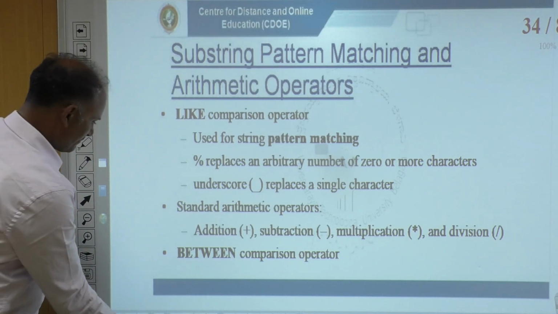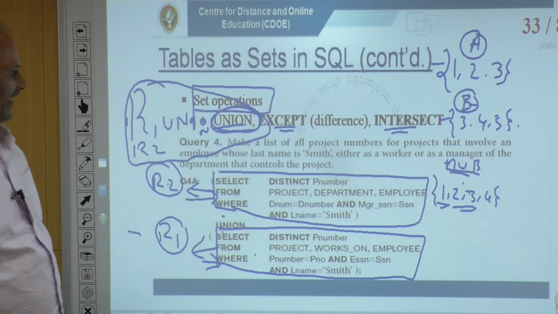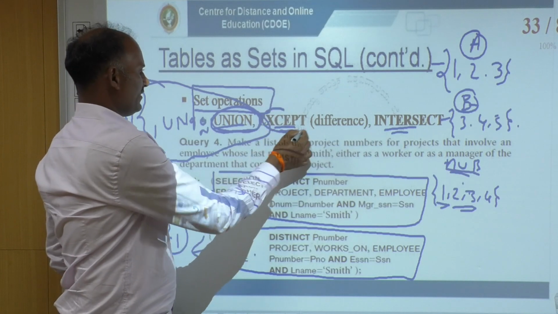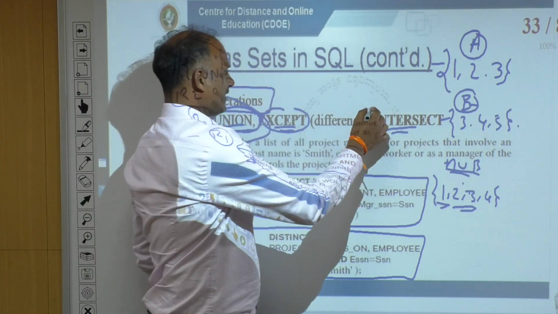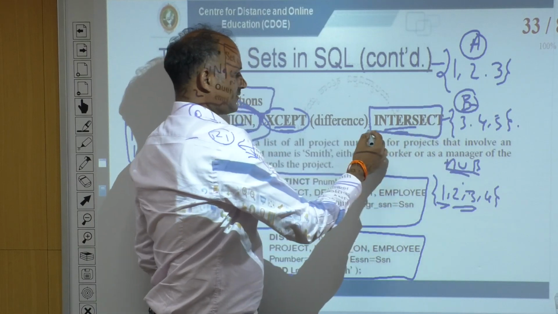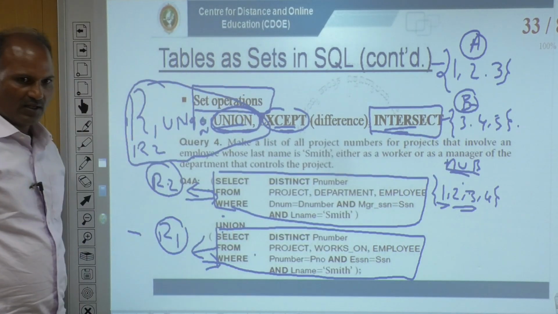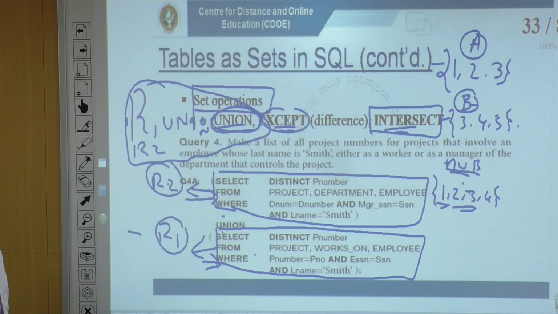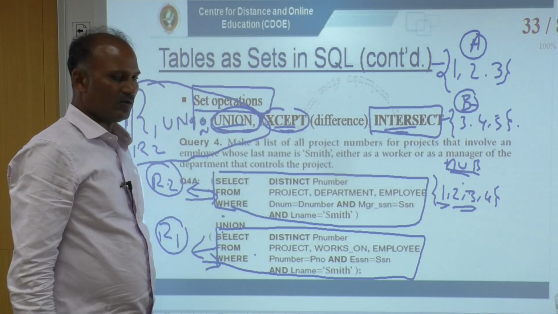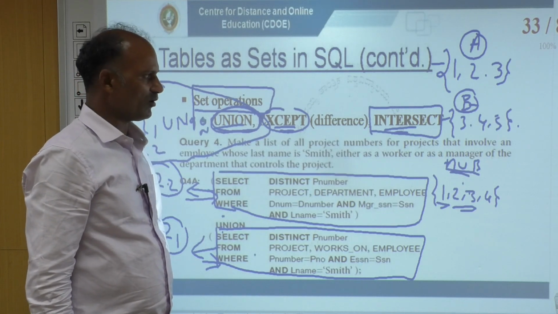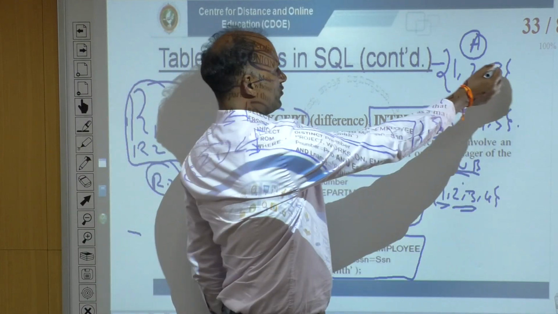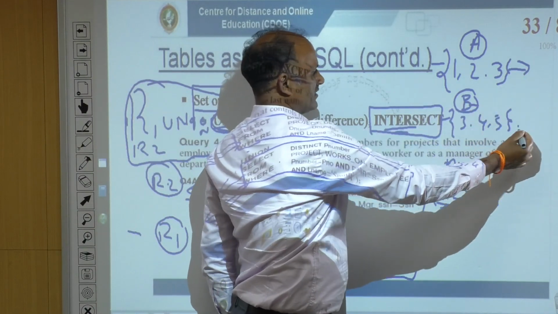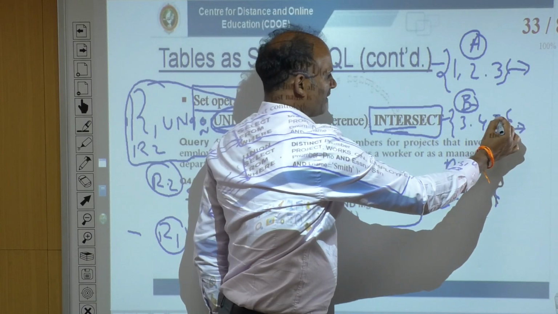Next is except. Before that, I will use intersect. In mathematics, what does intersect do? It is trying to get the common elements from both of the sets. If you look at these two sets, what are the common elements here?